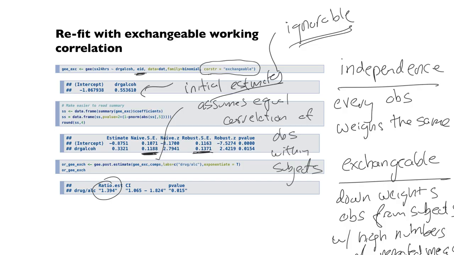There's no reweighting based on the correlation of observations within a subject. So it estimates based on your working correlation. That's the estimate of coefficients you get. Then when you go to the standard error part, the robust standard error, it recalculates the correlation matrix, but assuming nothing. So it allows everybody to have their own different correlation structure.